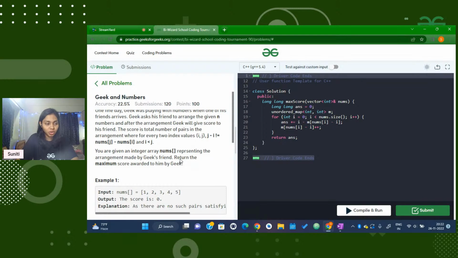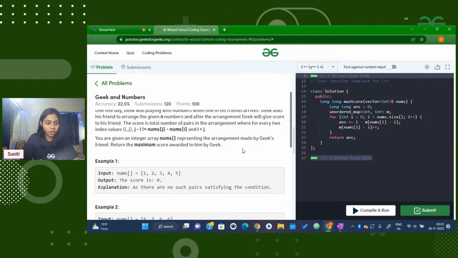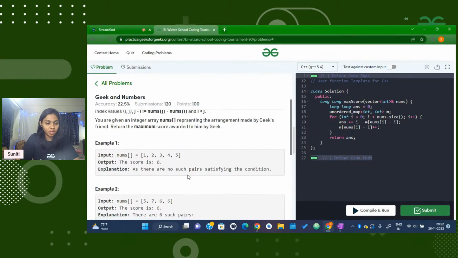The score is the total number of pairs in the arrangement where for every two index values i and j, j minus i is not equal to nums[j] minus nums[i], and i is less than j. So this is the condition that is given to us. We are given an integer array nums which represents the arrangement made by Geek's friend. We have to return the maximum score awarded to him by Geek.